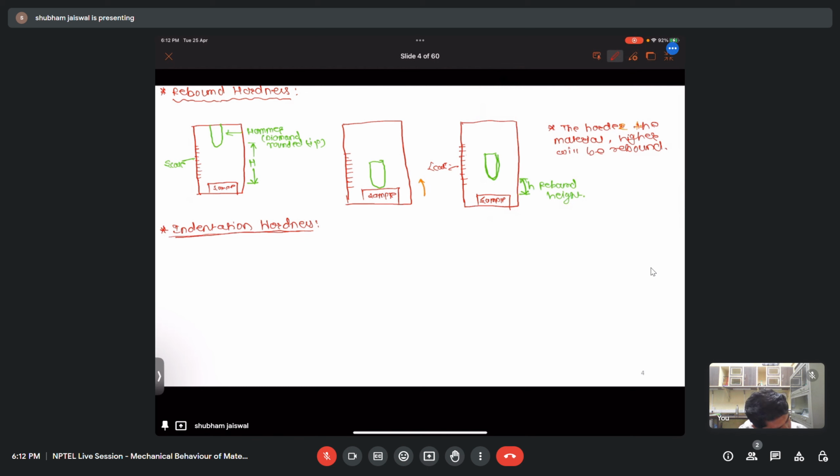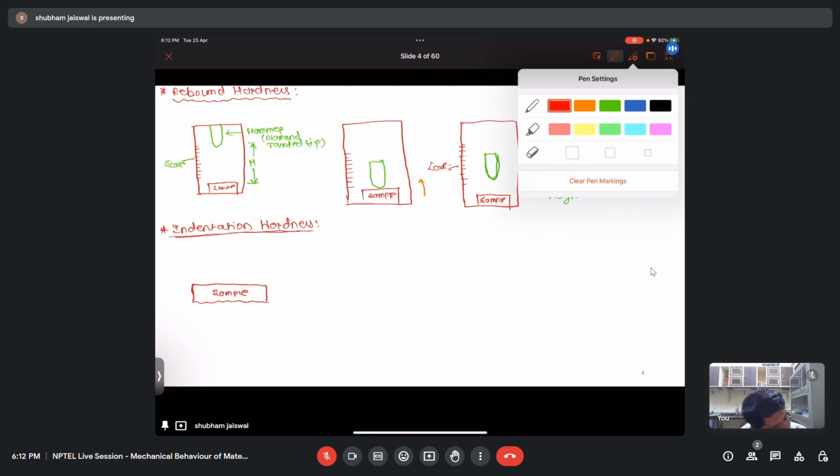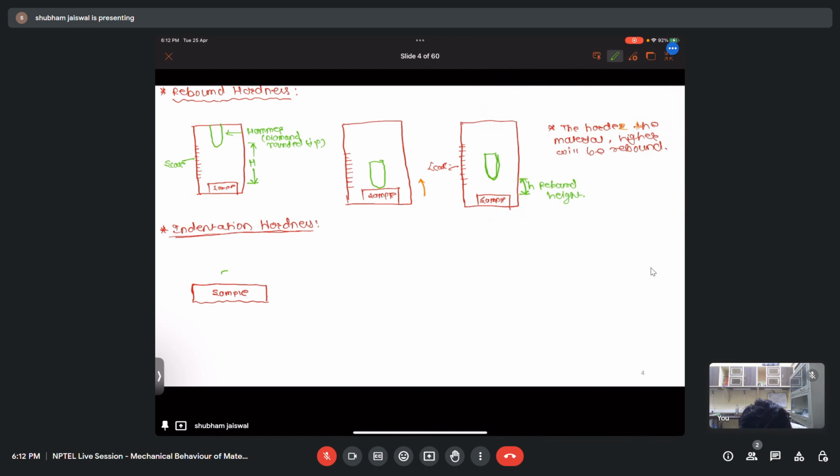We indent a sample with an indenter, and then that indenter will make some impression, or the indent, on the sample, and then we calculate its hardness using the formula, that is load upon indentation area. So let's say this is my sample whose hardness I want to measure. So what I will do, I will take an indenter and I will apply a force on it.